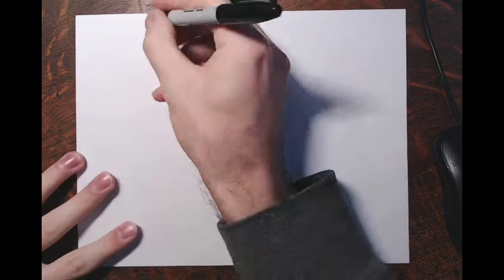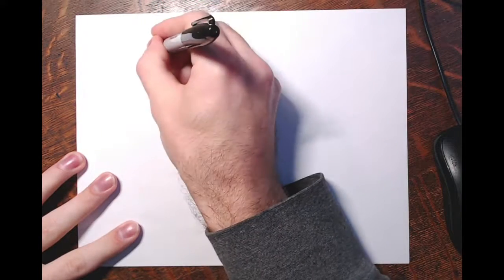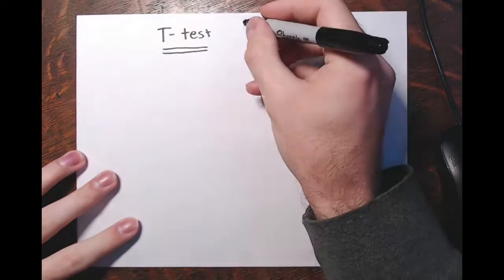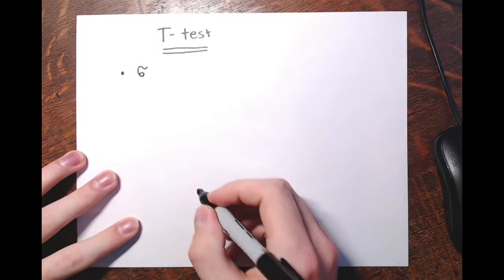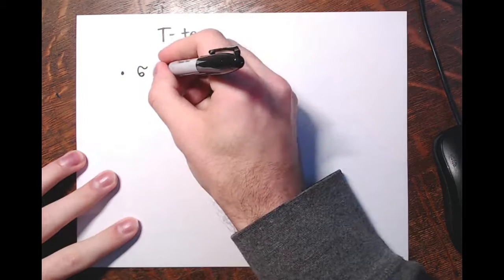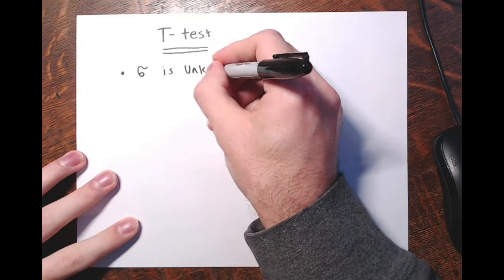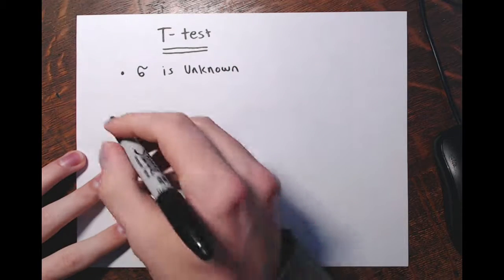If we're performing a t-test instead of a z-test, like we had been performing, well, 1, sigma is unknown. You do not know the population standard deviation.